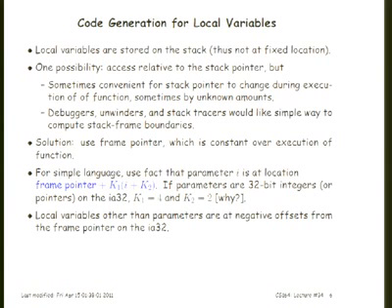So the dynamic link. The return address and the dynamic link. I haven't actually said anything about the static link. That's a separate thing. But right, the return address and the dynamic link are sitting there in the stack, so you have to skip those before you get to the parameters.